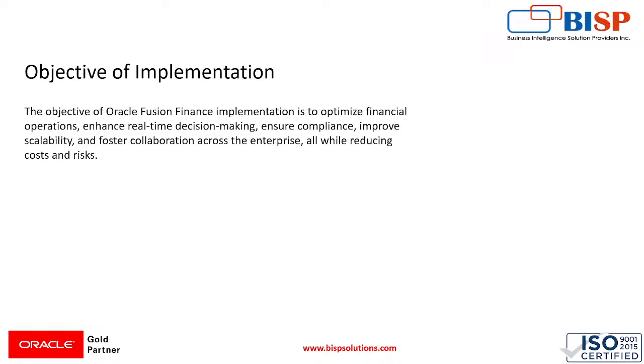We provide real-time financial visibility and analytics. How can we provide this? By improving decision making with integrated reporting and analytics, providing real-time visibility into financial data, and comprehensive financial reporting. We can give forecasting, budgeting, and compliance.